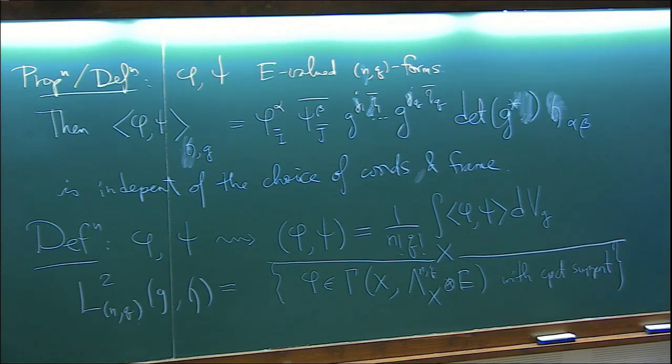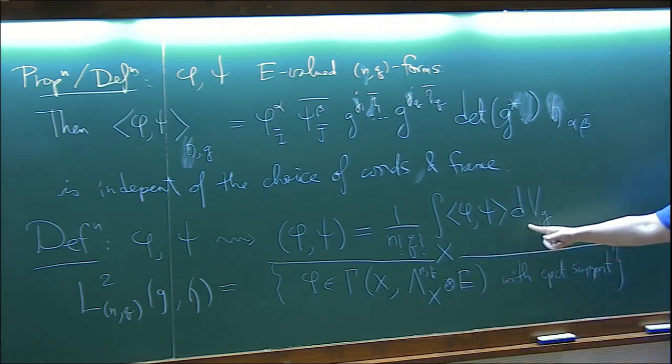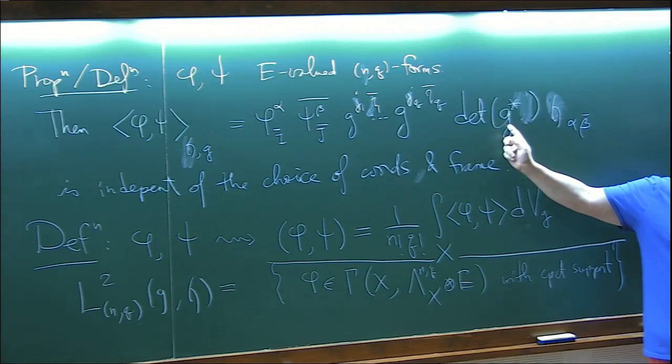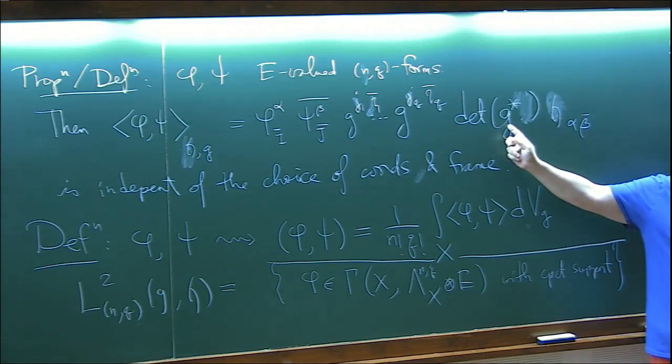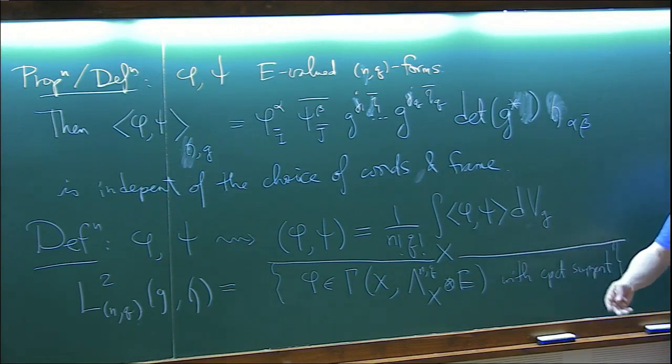Maybe I want to make a kind of remark that you see here the volume form appearing, and the volume form you get by multiplying Lebesgue measure by the determinant of G, not the determinant of G dual. So that's taking this omega G to the power n is like computing the determinant of this matrix.